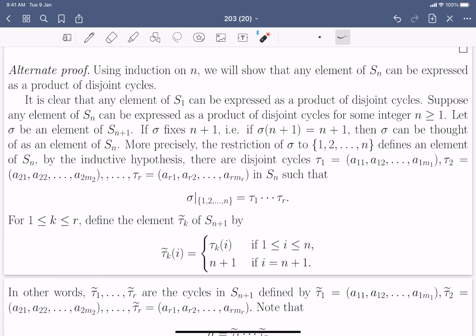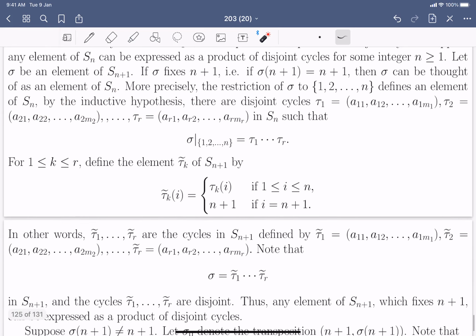In other words, the restriction of sigma to this set 1 up to n gives us an element of Sn, and this element can be expressed as a product of disjoint cycles by the induction hypothesis.